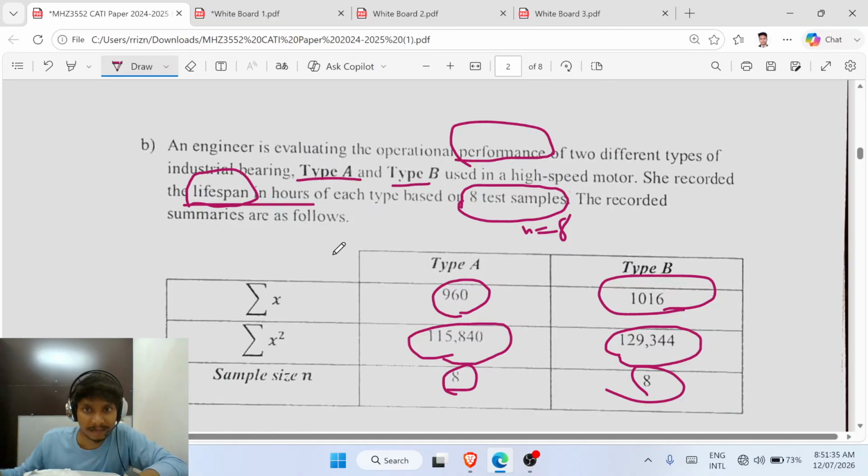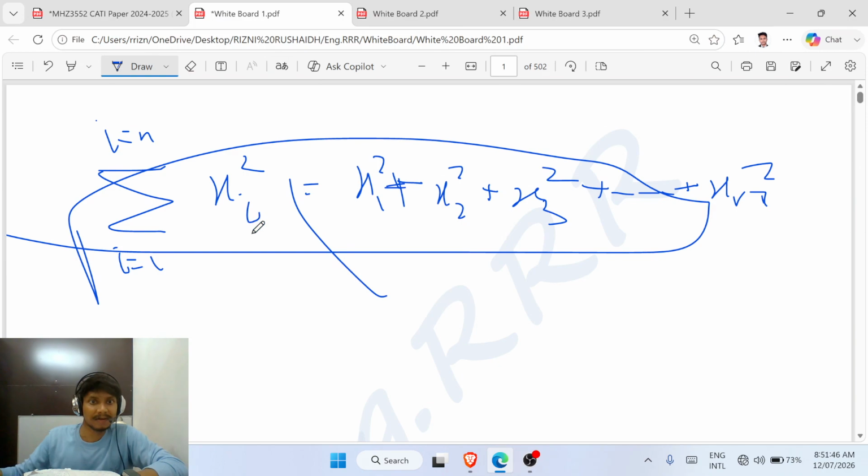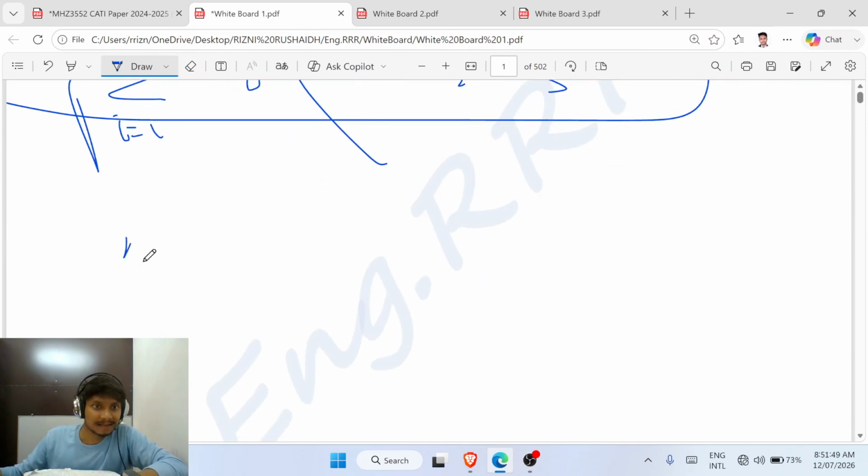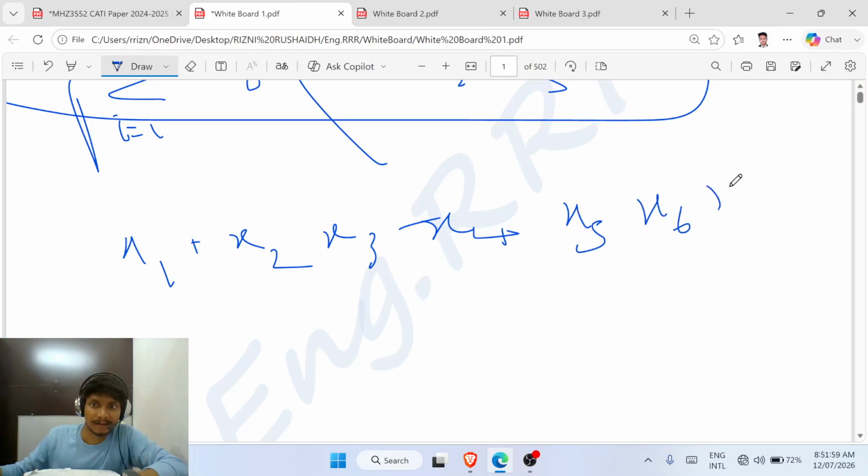Now, what is the meaning of sigma x? They have mentioned 8 test samples. We assume they are x1, x2, x3, x4, x5, x6, x7, x8, totally 8 samples.